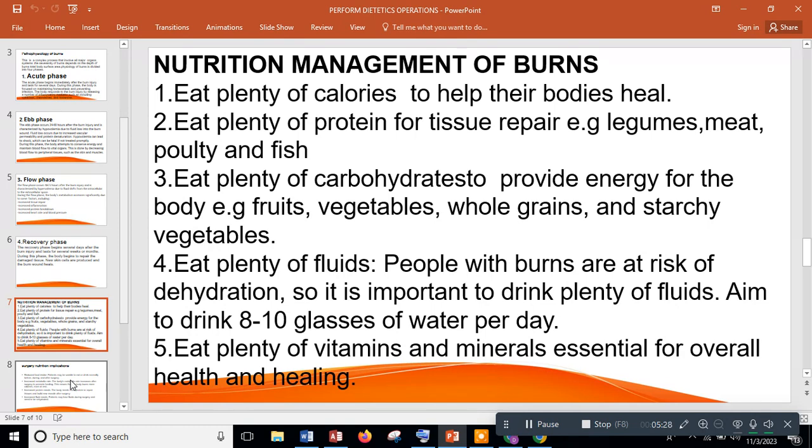Eat plenty of fluids. People with burns are at risk of dehydration, so it is important to drink plenty of fluids. Aim to drink between 8 to 10 glasses of water per day. Then you eat plenty of vitamins and minerals essential for overall health and healing.